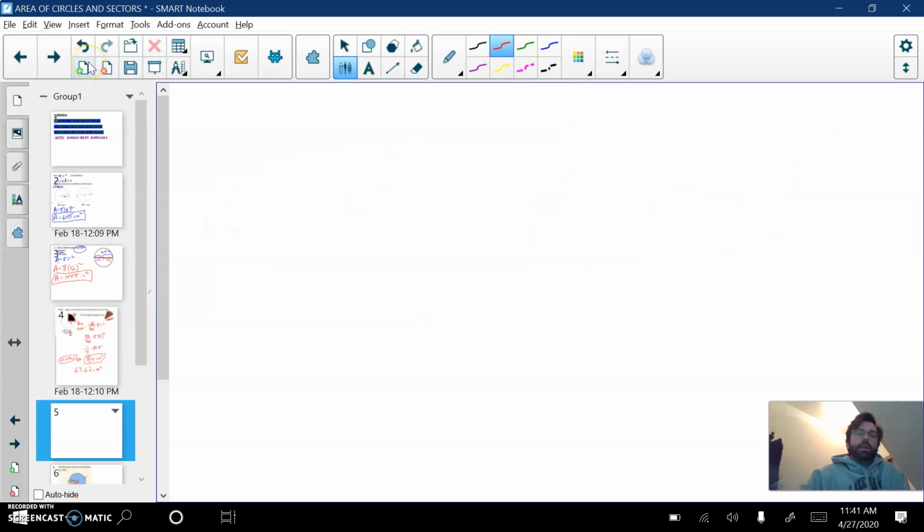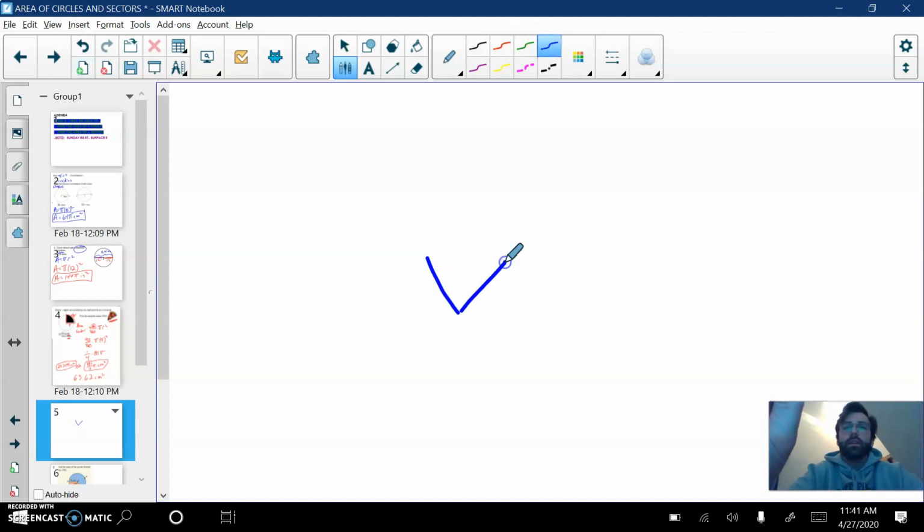You know what? I was thinking about something earlier today. I was thinking about what a sector reminds me of other than pizza. When we think about a sector, it kind of looks like this, right?